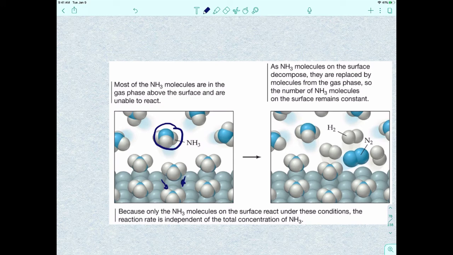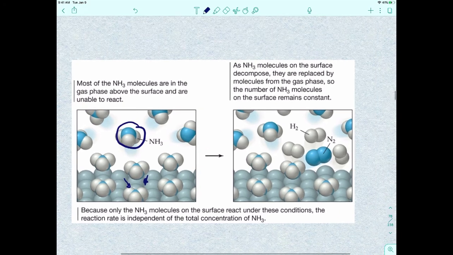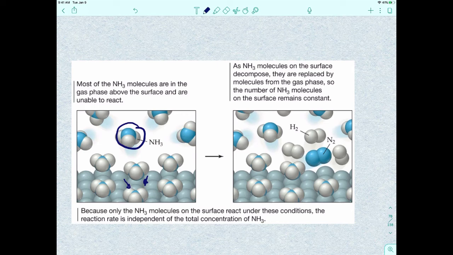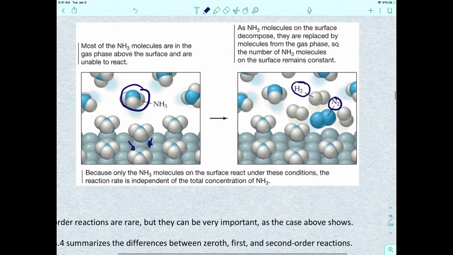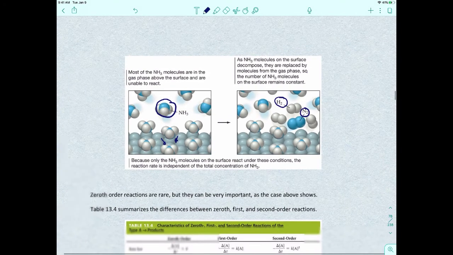Because the NH3 molecules are somewhat bulky, and as the molecules on the surface decompose, they are replaced by molecules from the gas phase, so the number of NH3 molecules on the surface remains constant. As they decompose to give you H2 and N2, those two will also be in competition for that space on the metal.